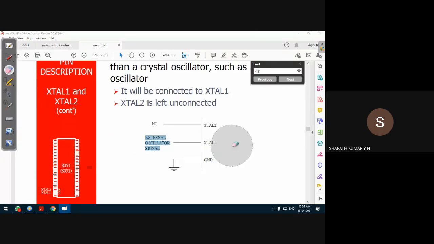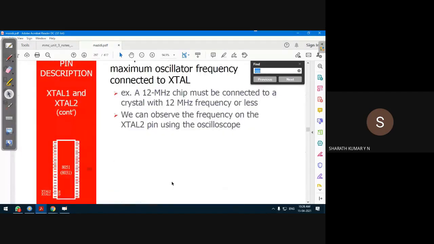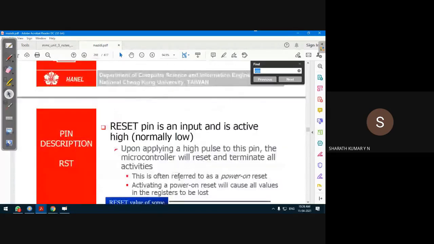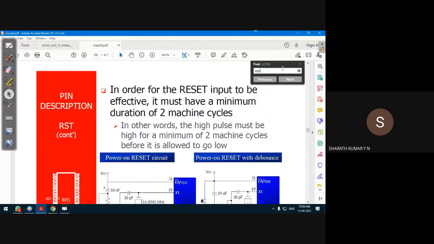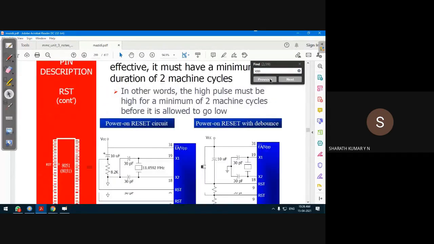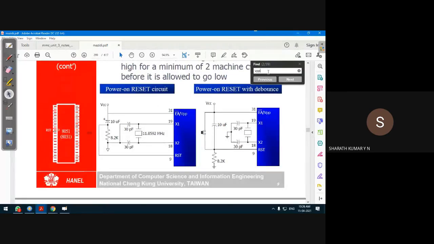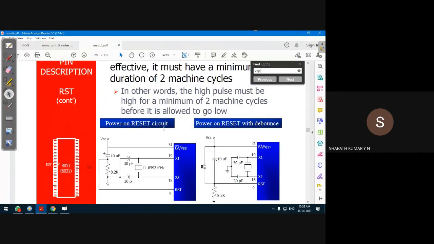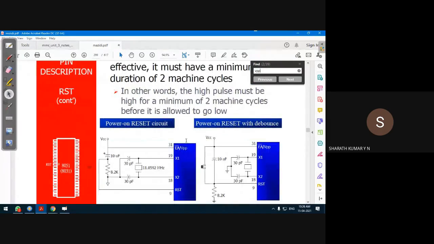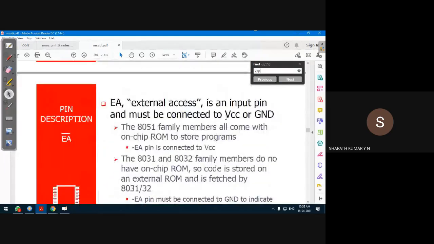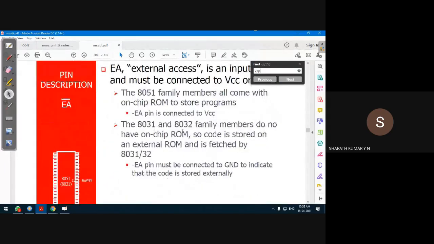Anyway, this one I was looking at. Let me check if there is somewhere here. Yeah, the EA pin is explained here. This is about reset. Okay, external access. Here we go.